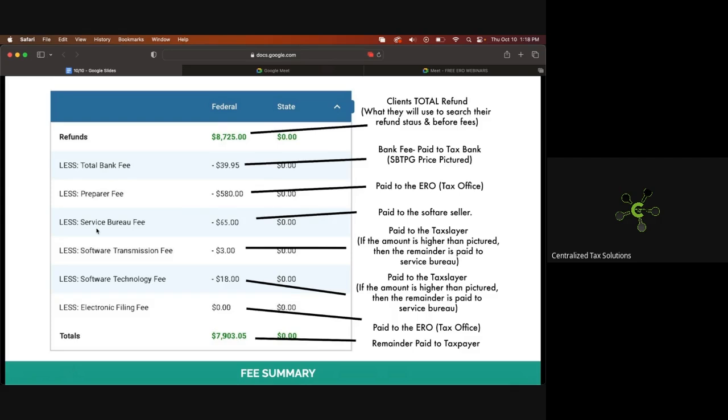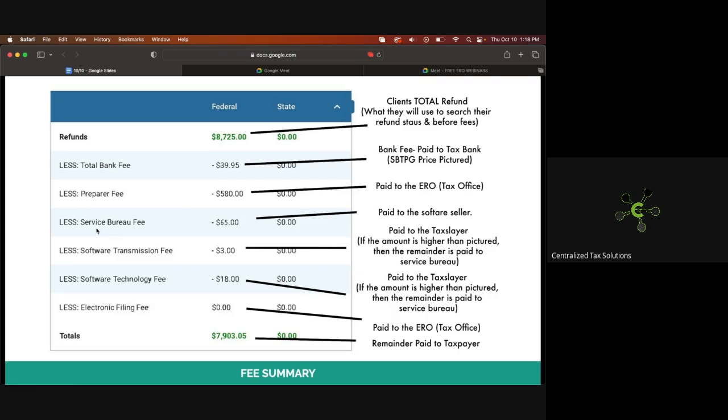So when other people, for example, a TaxSlayer sales representative, sell you the software, all they're doing is they're a representative that's approved to be licensed with them. So when you get under their software and they give you these rates, let's say a service bureau fee or whatever price you pay to get your software, that sales representative is making a portion of their money from the service bureau fee, technology fee, or transmission fee.